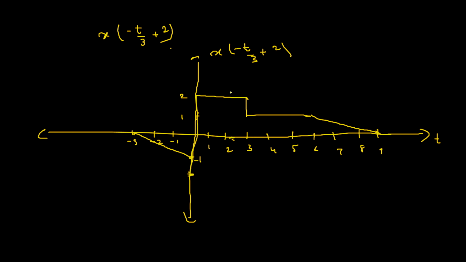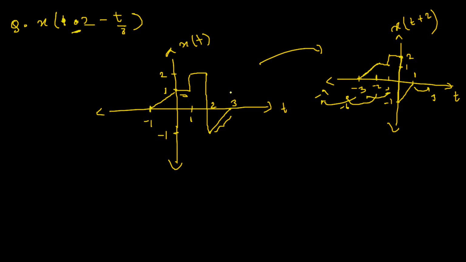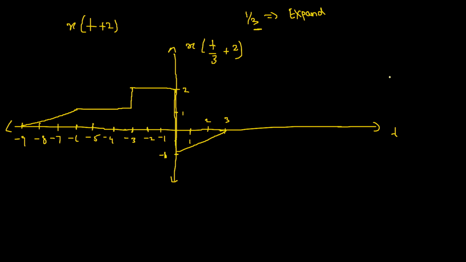So the first thing that we did was we time shifted it. We moved it towards the left by 2 units, and then we time scaled it. Since it was a fractional value which was lesser than 1, we expanded the graph.